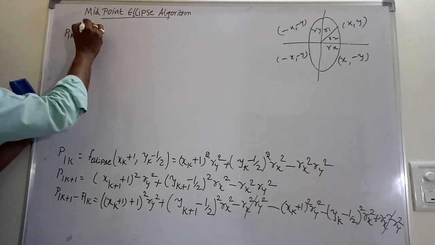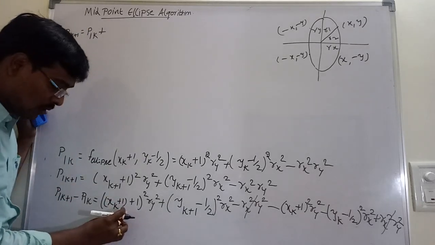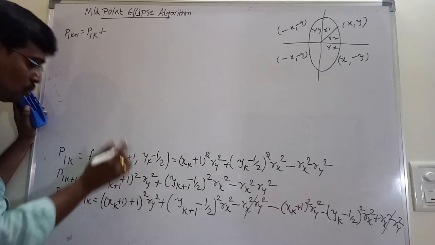p1k+1 is equal to p1k plus (a+b) whole square, that is a square plus b square plus 2ab.